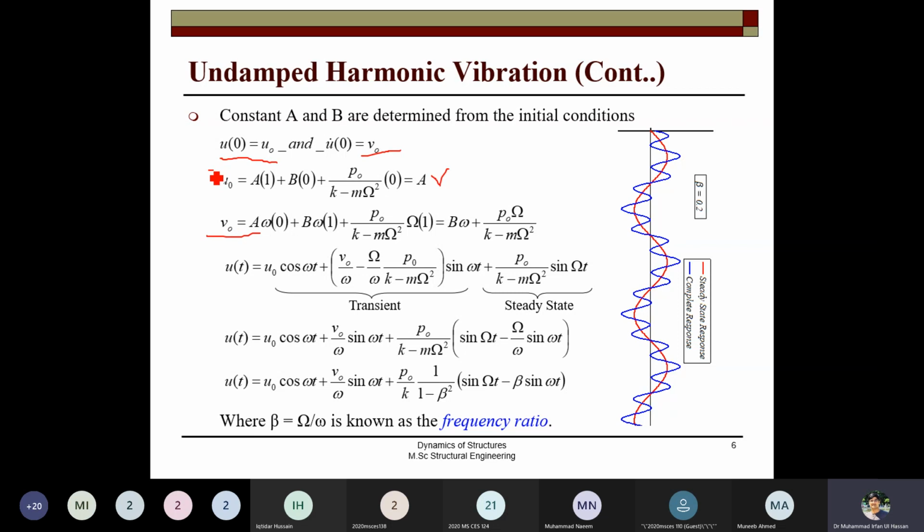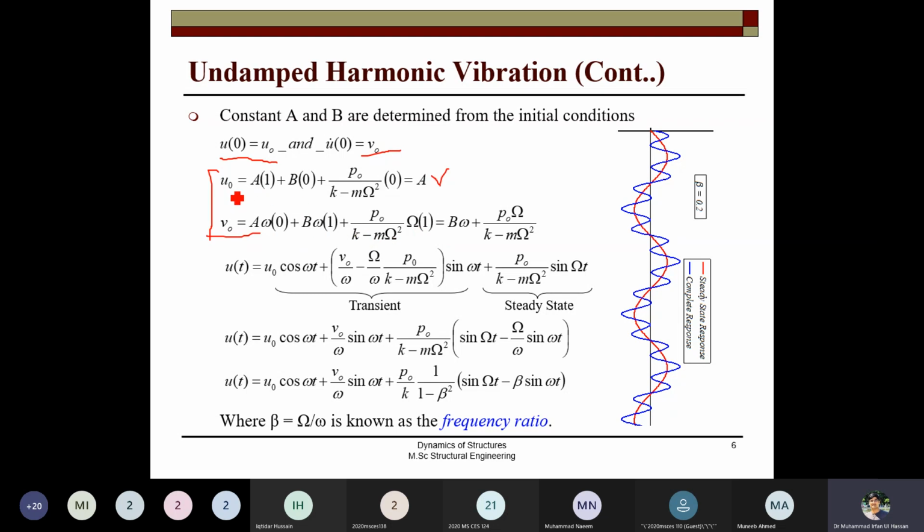So this procedure is standard for solving the dynamic equation. All the solutions are standard. First you apply the initial conditions, and then you find u, then you take the derivative, and get these values at time 0. The reason is that when the time is 0, many parameters become 0.